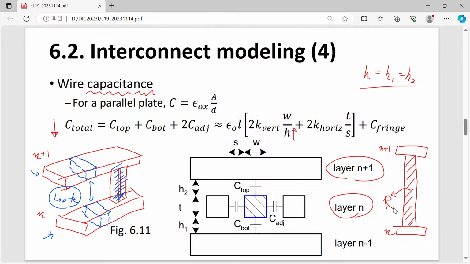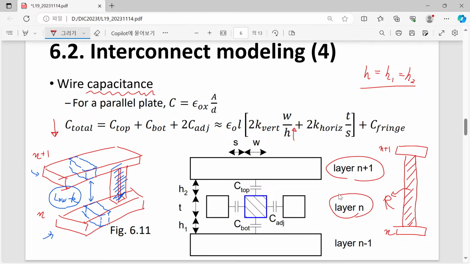So although you can reduce the capacitance by separating the layers, it corresponds to a sharp increase of your resistance. Also, another one, let's consider this horizontal part. Of course, if you wanted to have a lower capacitance, then the best way is just to separate your signals.